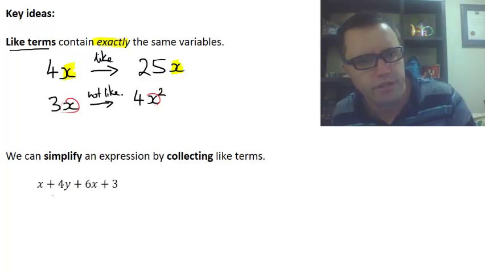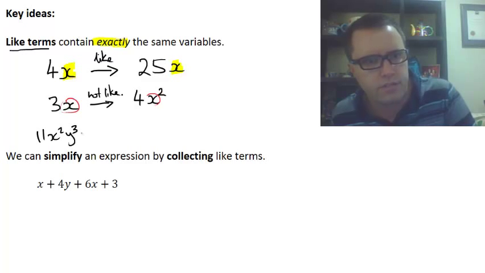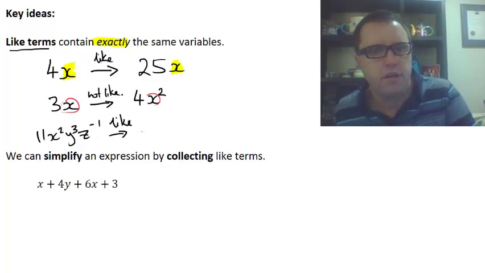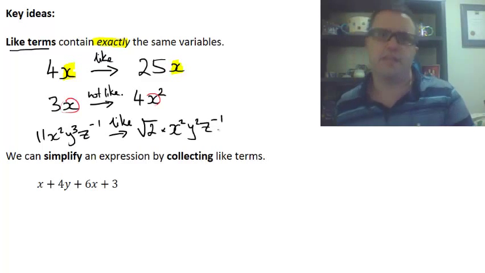Super duper important. Even if it is 11x squared y cubed z to the power of -1, that's a like term with square root of 2 times x squared y cubed z to the power of -1.